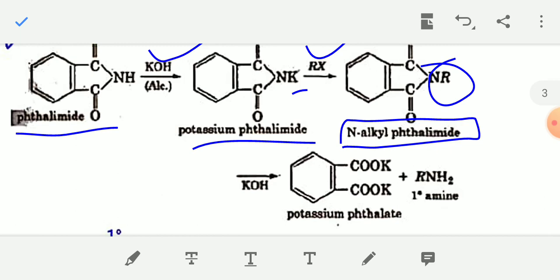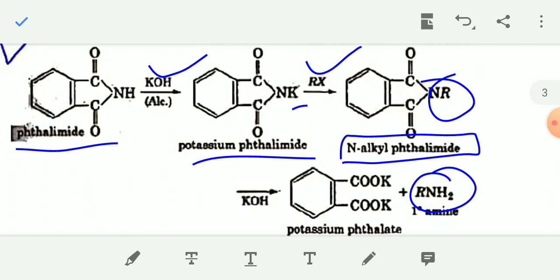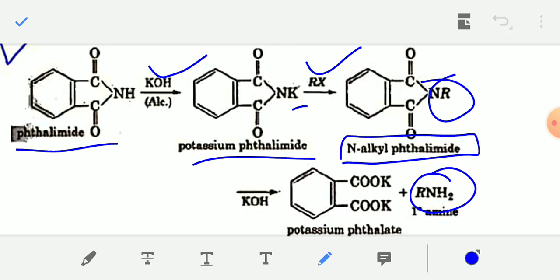On hydrolysis, the NR group will be converted into NH2 group, that is, it is removed as RNH2, a 1 degree amine. In the last step, we make hydrolysis by using KOH or NaOH, sodium hydroxide or potassium hydroxide. Then in the final step, you will get primary amine, 1 degree amine.